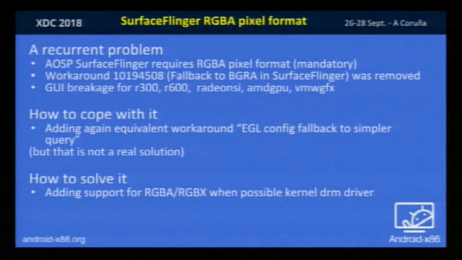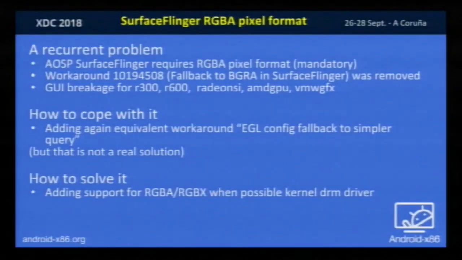So in order to support hardware not having RGBA, some kind of equivalent workaround is required. And the way to solve it without issues with apps is to add RGBA, RGB support when possible, directly at the level of a kernel DRM driver.